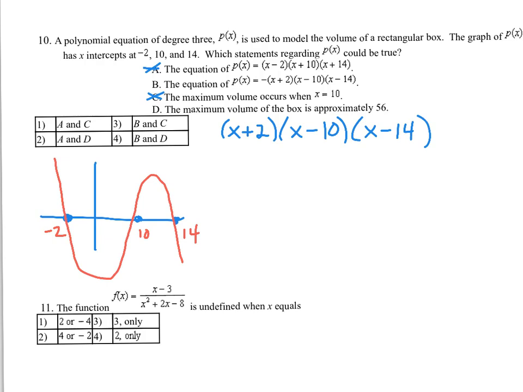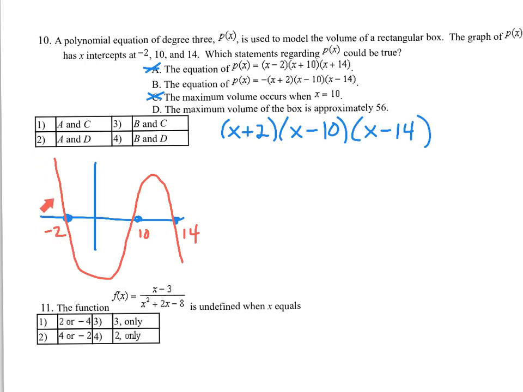Now let's look at choice B. Choice B, let's see. Well, that x plus 2 matches that. X minus 10 matches, and so does x minus 14. Let's talk about this negative. Remember, that's the leading coefficient. And the leading coefficient in a degree 3 polynomial, the way we find that is we look, and notice that our graph is going down first.